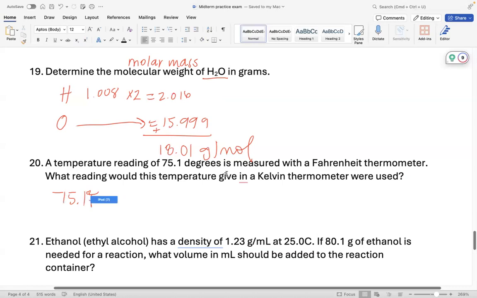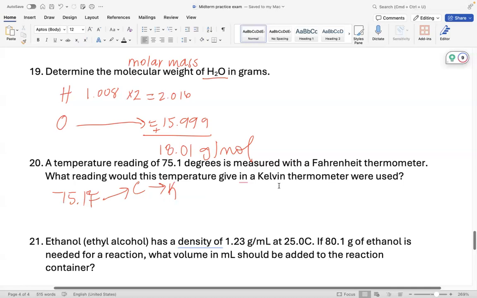What reading would this temperature give on a Kelvin thermometer? So we have to go from Fahrenheit to Kelvin. There's not a formula for that, so we're going to have to do a 2-stepper where we go from Fahrenheit to Celsius and then Celsius to Kelvin.